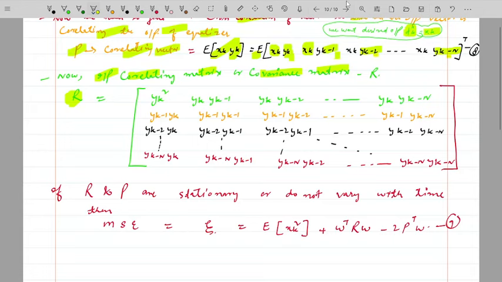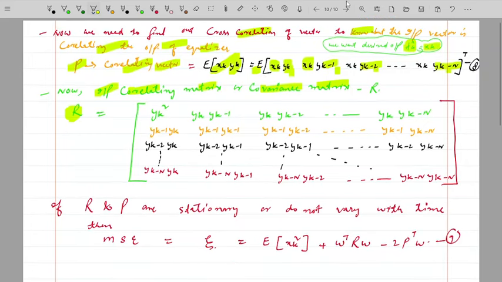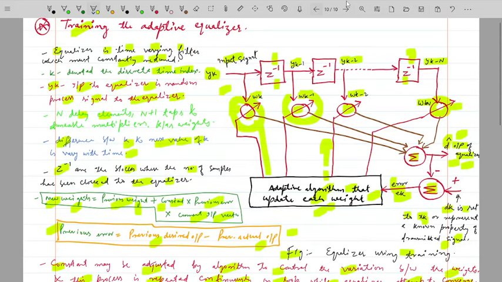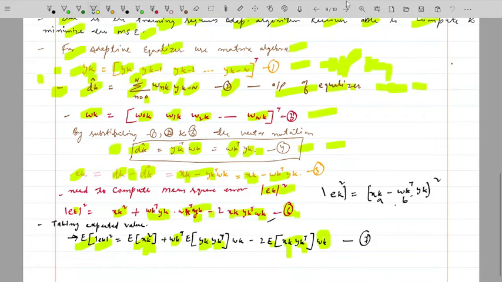So if you want to find the correlation or covariance matrix, we consider the previous equation, the y of k equation or input vector, to find this R matrix, or covariance matrix.